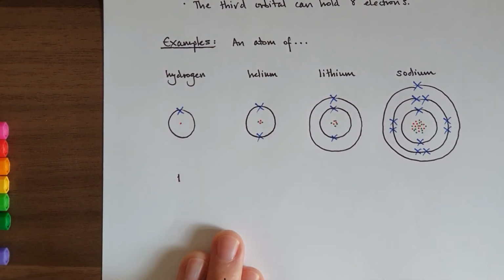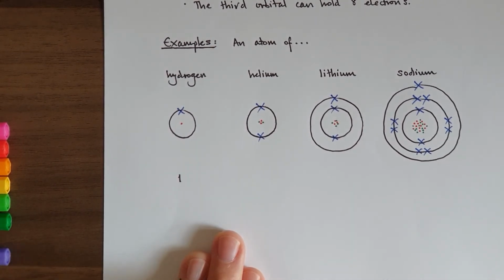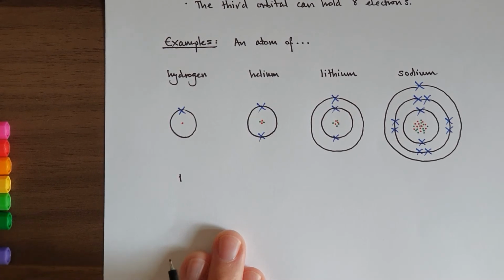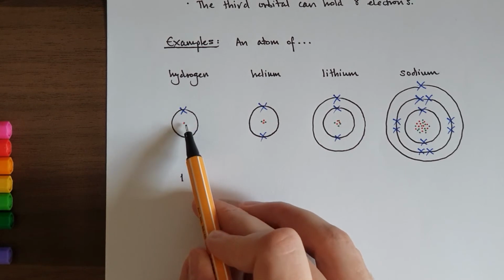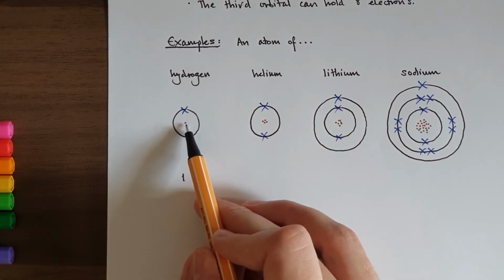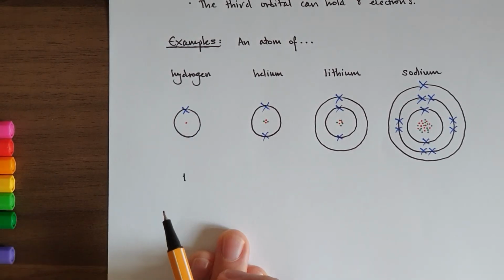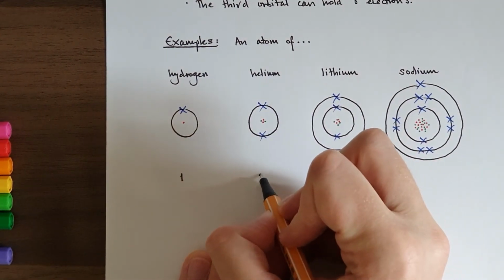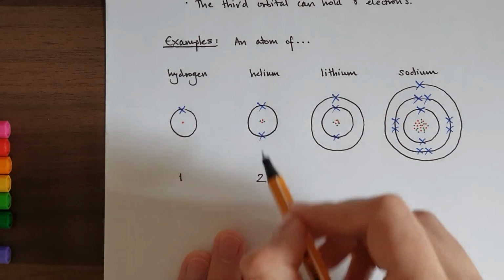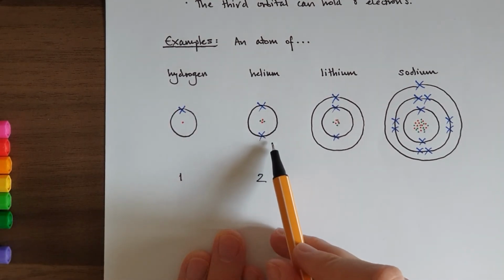It's obvious that the only electron we have would be in the first orbital, again because the negative electron is attracted to the positive proton in the nucleus, so it's going to be nice and close. Second one, helium, is going to have an electron arrangement of 2 because both electrons are in the same shell, the same orbital.